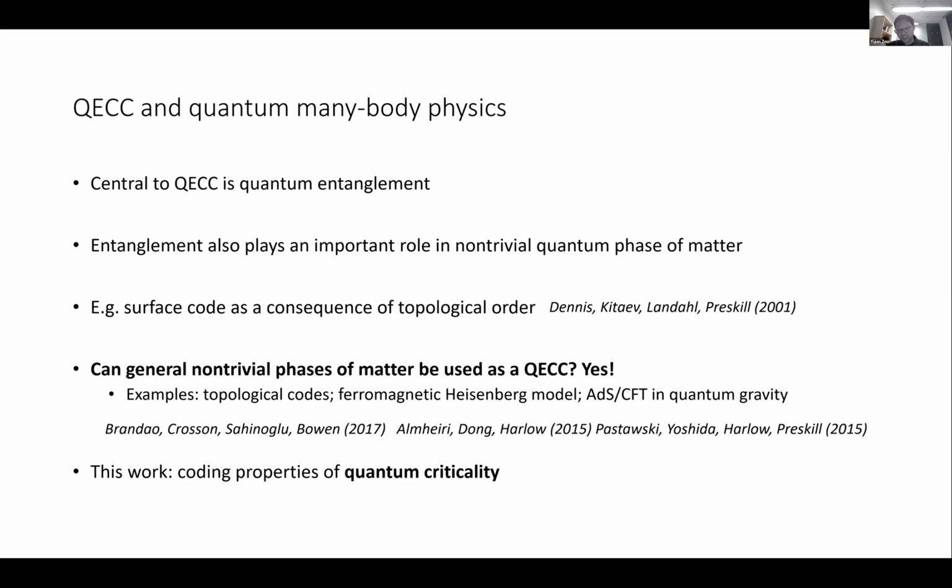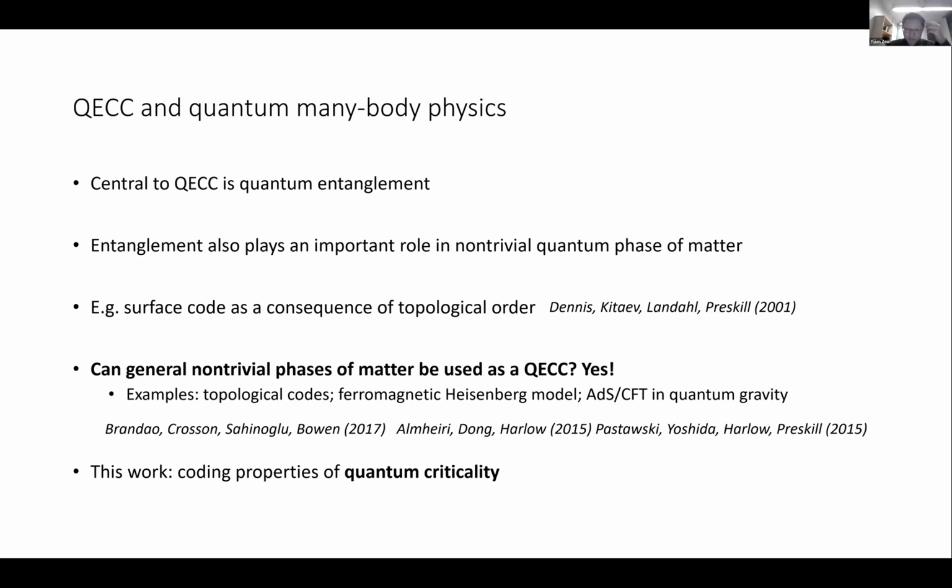And the answer is yes, and it's actually been studied in the past literature, not very extensively, but there are many examples explored. For example, the ferromagnetic Heisenberg model has been studied, and also holography, if you know about that. It's a theory of quantum gravity. It's also a quantum error correction code in disguise.